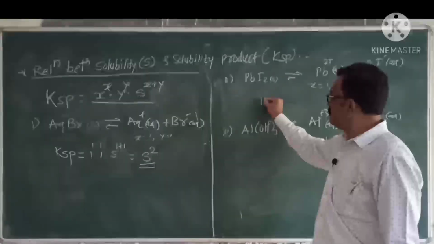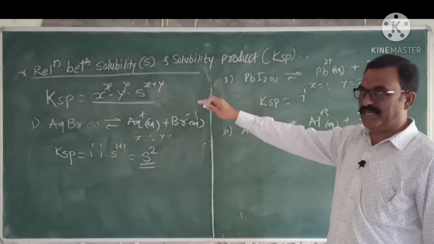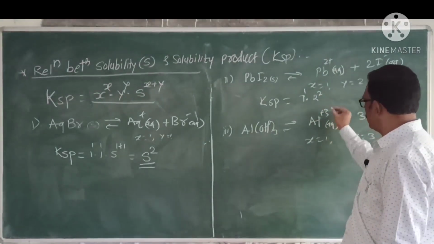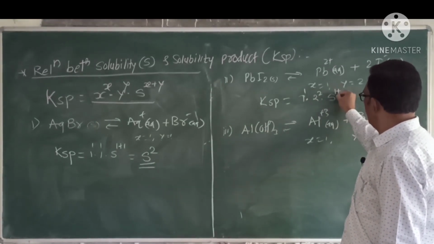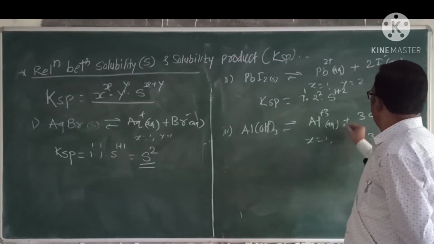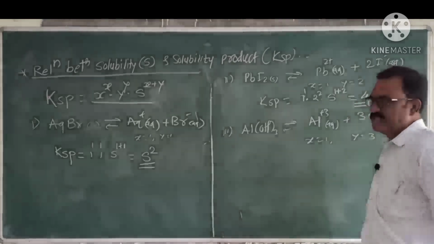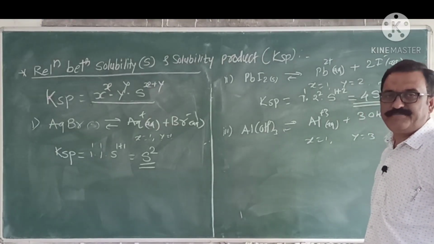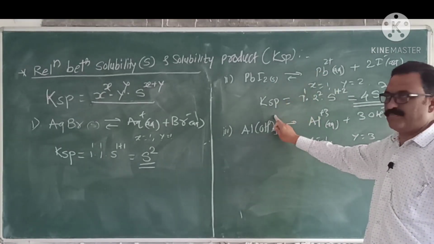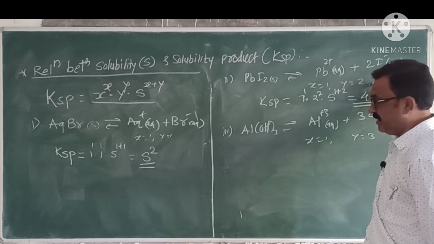After putting these values in this equation, Ksp is equal to 1^1 into 2^2 into S^(1+2), that is 4S cube, equal to the solubility product. For such a salt, PbI2, the solubility product is equal to 4 into solubility raised to 3.